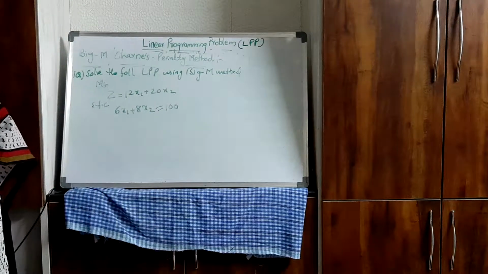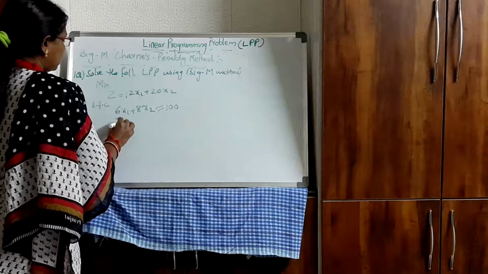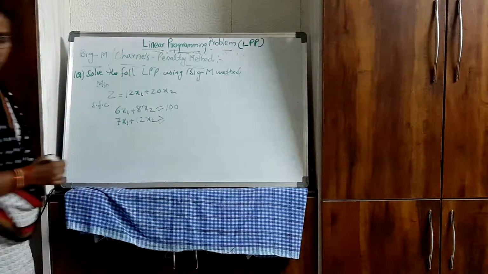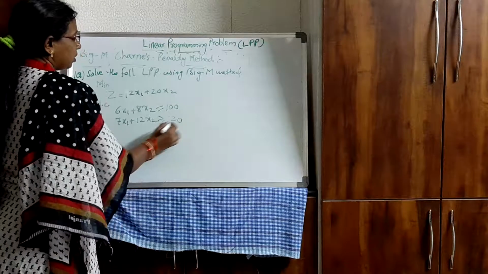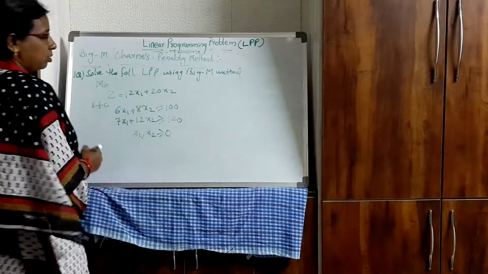Another constraint is 7x1 plus 12x2 greater than or equal to 120, and x1, x2 greater than or equal to 0.